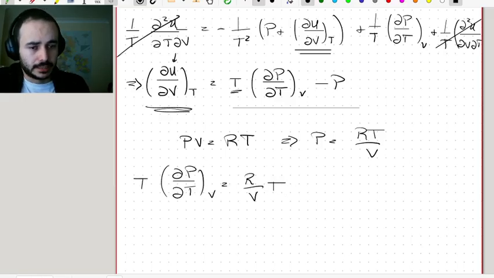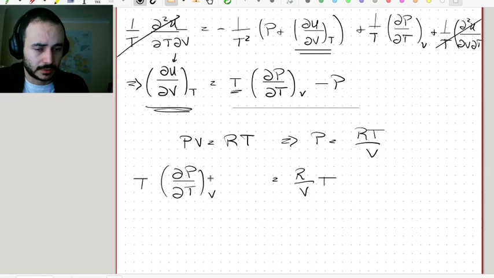And then you have to subtract the pressure. This minus the pressure is minus RT over V. RT over V minus RT over V is 0.